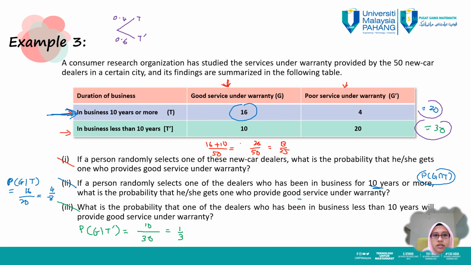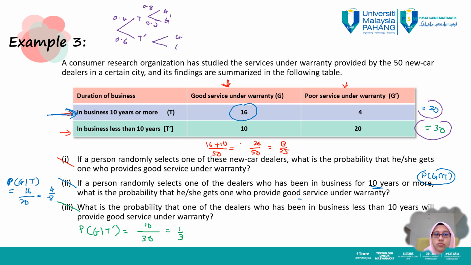Then we start with more than 10 years: good service, G, and poor service, G prime. For good service with more than 10 years, we have 16, so 16 over 20 is equal to 0.8 here, and for poor service, 0.2. How about less than 10 years?